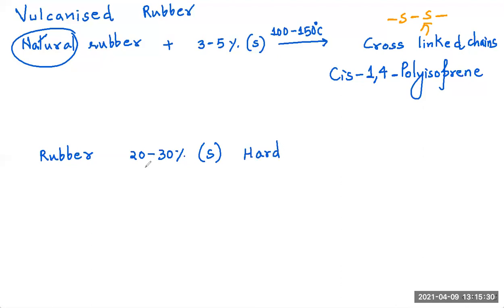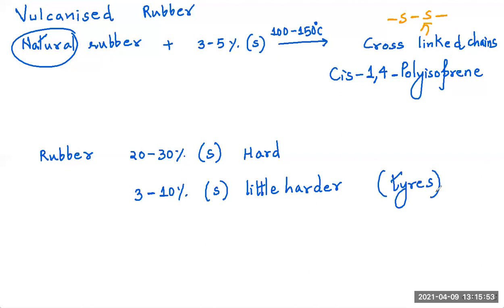And the one which contains 3 to 10% sulfur is a little harder and is used to make, this can come in the exam, tires. And if 1 to 3% sulfur, then it is used in making rubber bands.